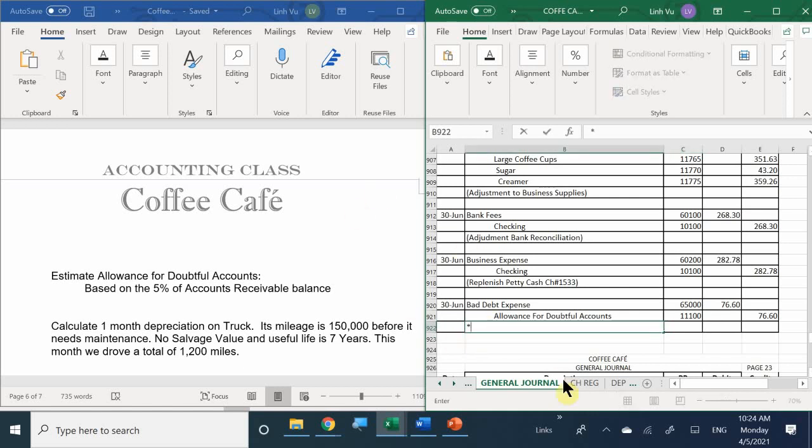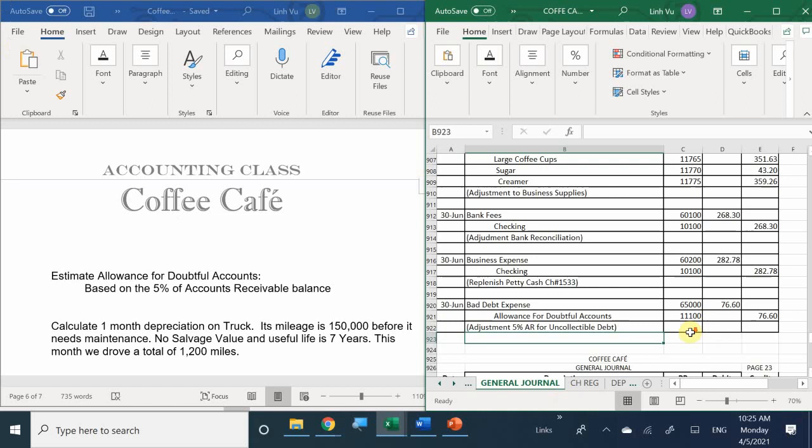I'm going to write adjustment 5% AR for uncollectible debt. Okay. There we are. Now we completely finished general journal number 22.